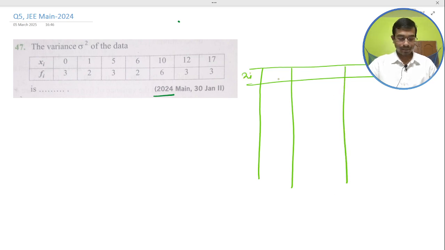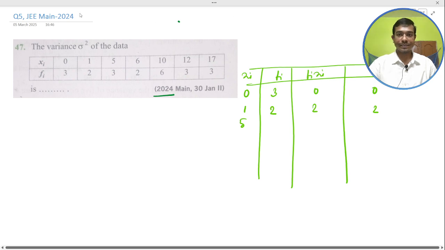This is xi, fi, fi xi, fi xi square. Here the value 0, 3 given. Fi xi means 0, here 0. Here 1, this is 2 given. So 2 and the 2. Here 5, 3 is given.